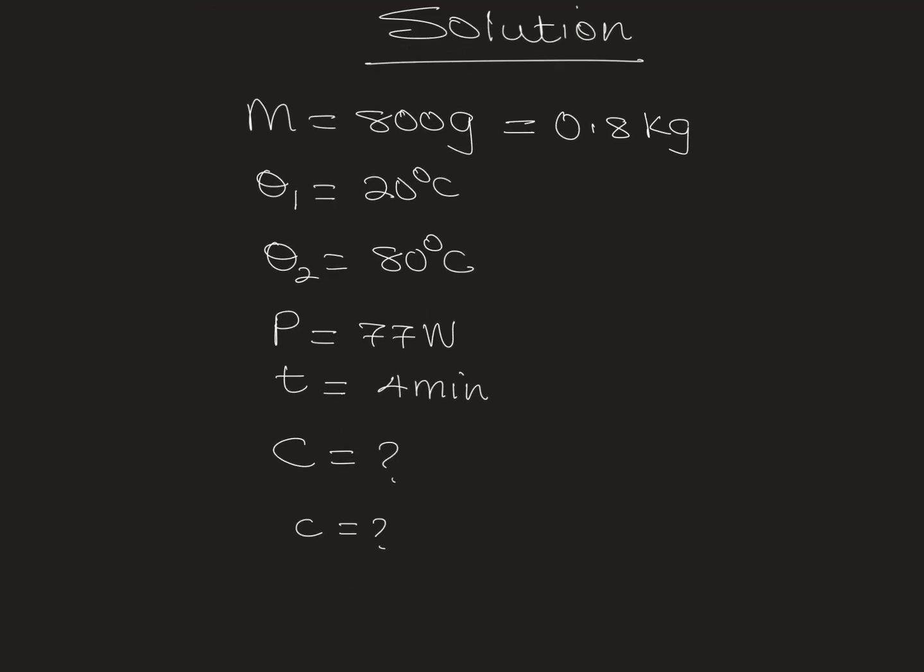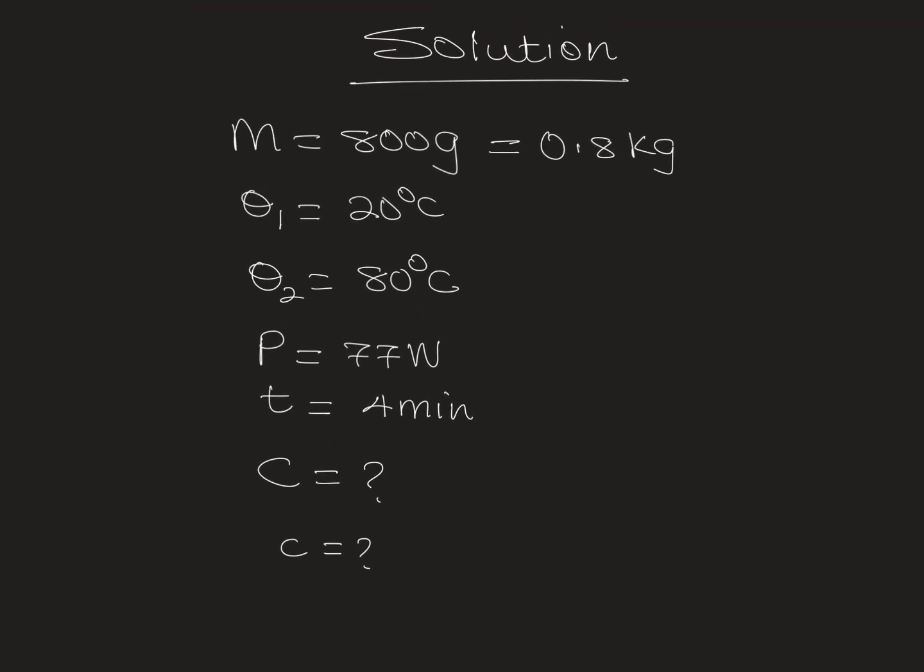Okay? Now, time is given in minutes. We can convert it to seconds by multiplying it by 60. So 4 times 60 is 240. So that will be 240 seconds.